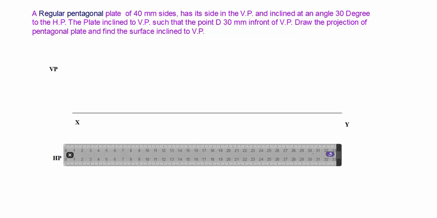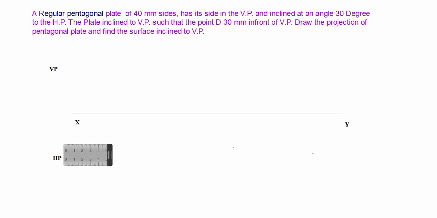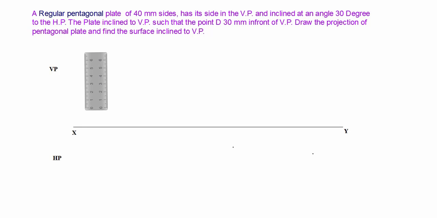Now as per the problem statement, we have the pentagonal plate, 40 mm side, and its side in VP. So first we draw the 40 mm side in VP.